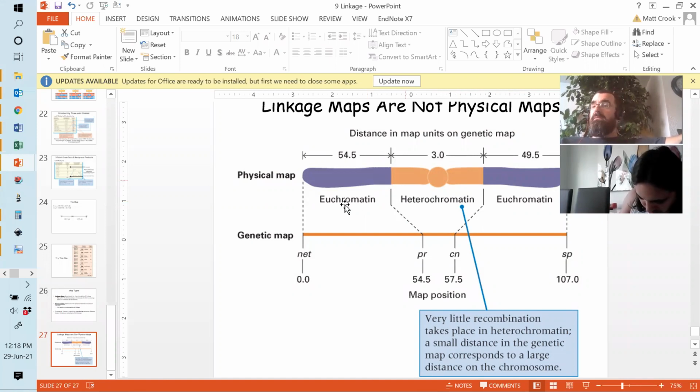And so for the arms, the linkage map equals the physical map, the actual physical distance in base pairs between genes. That applies, right? So that is pretty much a one-to-one relationship between the genetic map and the physical map.